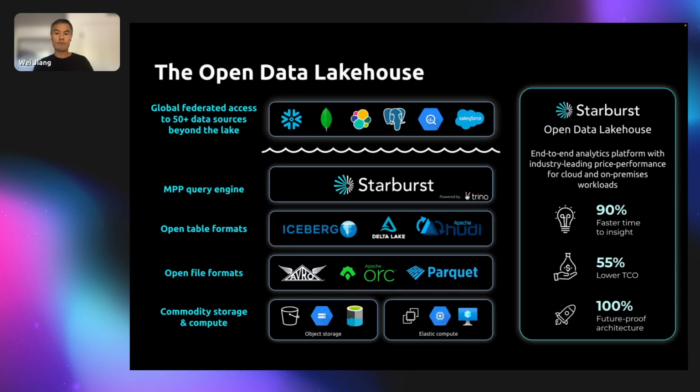And really what that results in, what we're seeing, is just 90% faster time to insights, less moving around of the data, and lower TCO because you don't have to move data around and keep different copies and have different environments where you need to share the data. Everything can be shared using one environment because of our engine's ability to scale really easily.